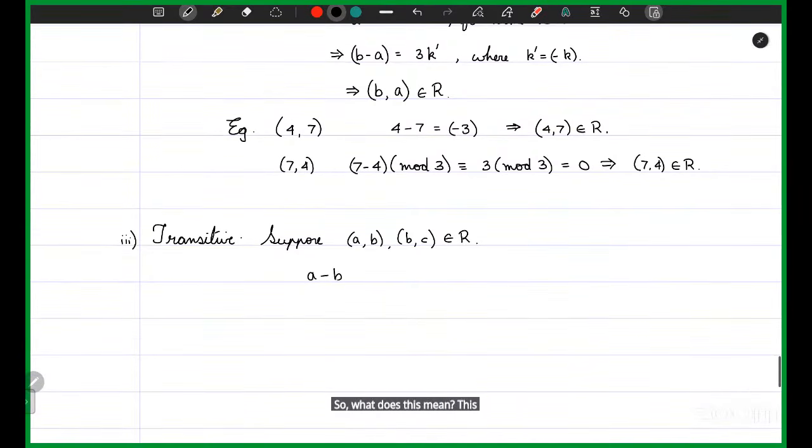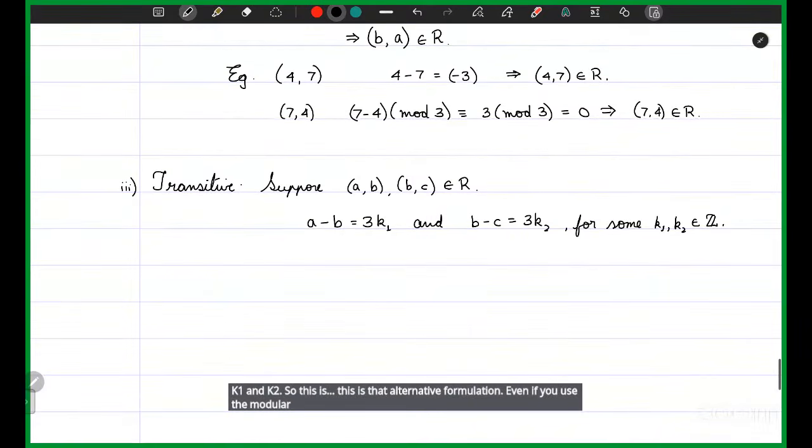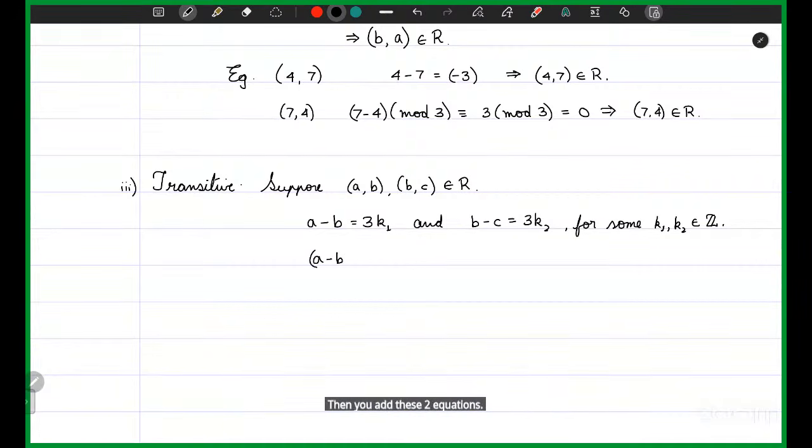This means that A minus B is some 3K1 and B minus C is some 3K2 for some integers K1 and K2. So this is that alternative formulation. Even if you use the modular statement, you can prove this. Then you add these two equations. What will I get? I'll get A minus B plus B minus C is 3K1 plus 3K2.